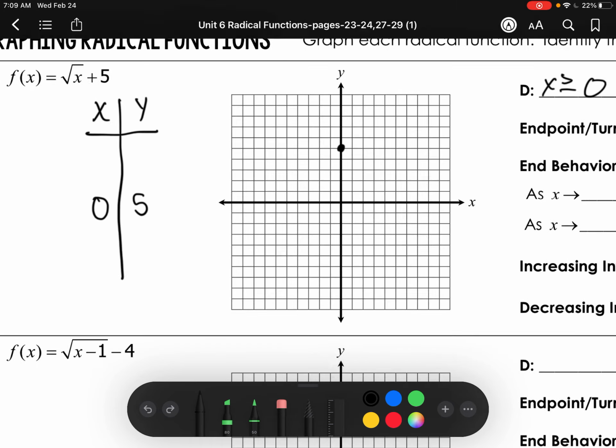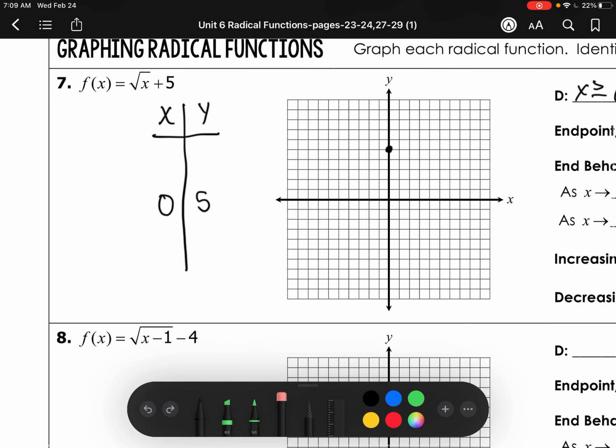So if I were to plug in 1, and let me adjust this because I can't get anything lower than 0. So if I plug in 1 into this function, the square root of 1 is 1, and then plus 5 is going to be 6, right? So that point is going to be right here at 1, 6. If I plug in 4, the square root of 4 is 2, and then plus 5 is 7.